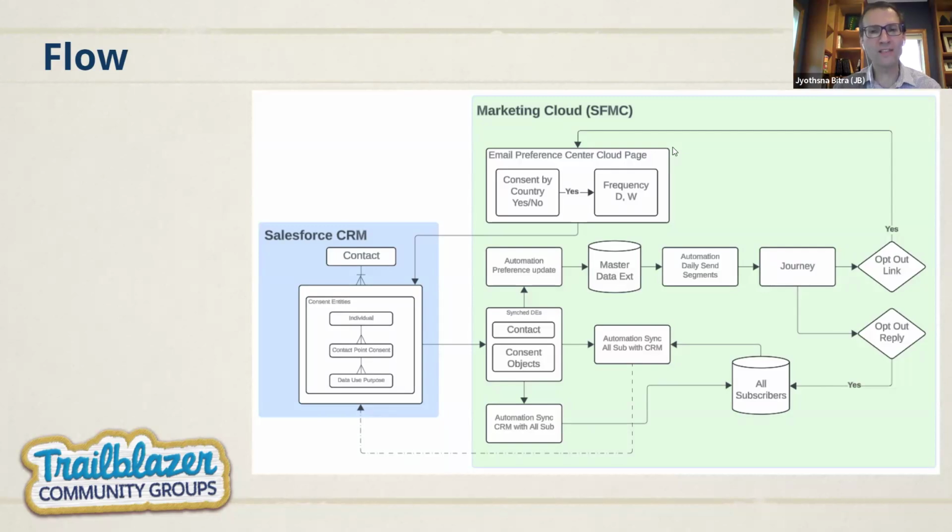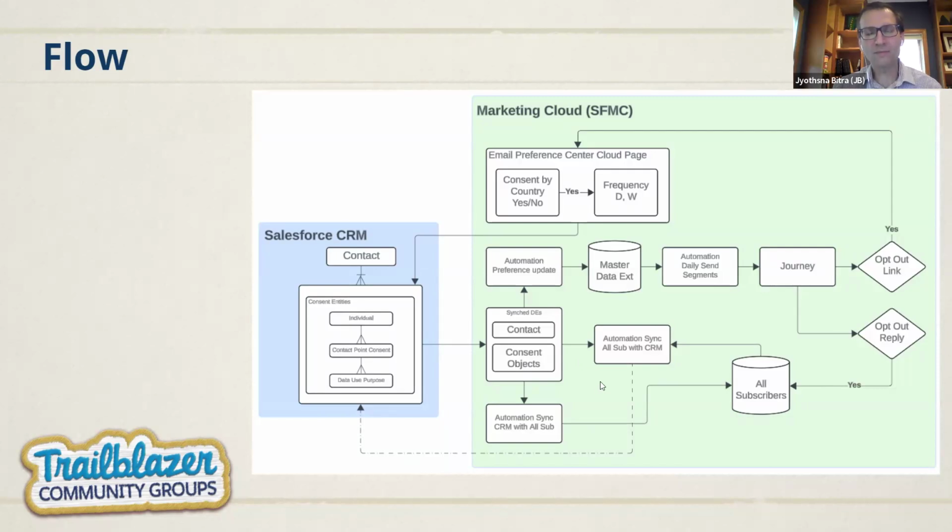So we're going to be leveraging the Privacy Center custom Preference Center application, but we're going to embed that into a cloud page so it can be a little bit more on brand. That's where we're going to be capturing that consent, and that's going to be driving that consent directly into the consent model in Salesforce. Now we're going to be syncing all of those consent objects into Marketing Cloud, and we've got 3 separate automations that are going to be working to leverage that data.